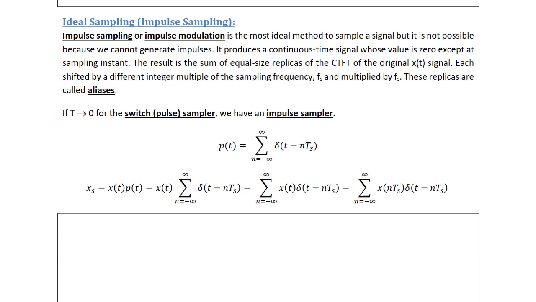So now p(t) becomes the summation from n equals -infinity to infinity of delta(t - nTs), and xs(t), the output sampled signal, x(t) times p(t), is equal to the summation from n equals -infinity to infinity of x(t) delta(t - nTs), which equals the summation from n equals -infinity to infinity of x(nTs) delta(t - nTs). So let's examine what this looks like graphically.